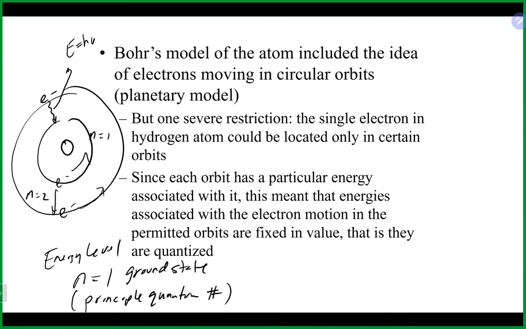Once again, they will not find themselves in between orbits. So this quantized idea is that the electrons would fully transfer from one orbit to the next. And depending on how far these electrons are transitioning, that would result in a different amount of energy coming off in terms of those photons of light. And that would correspond to the different colors, the different wavelengths of light, that came off for the hydrogen spectrum.